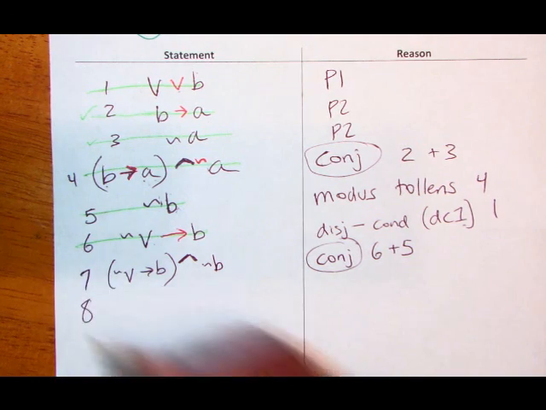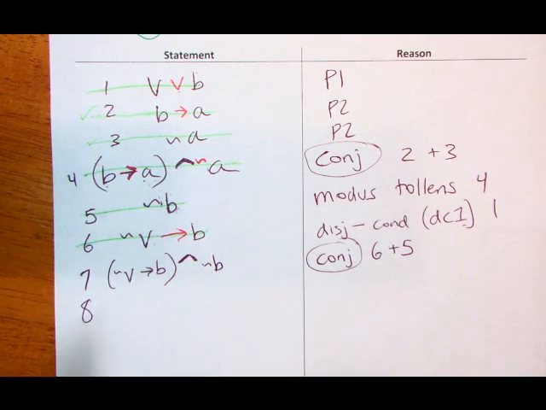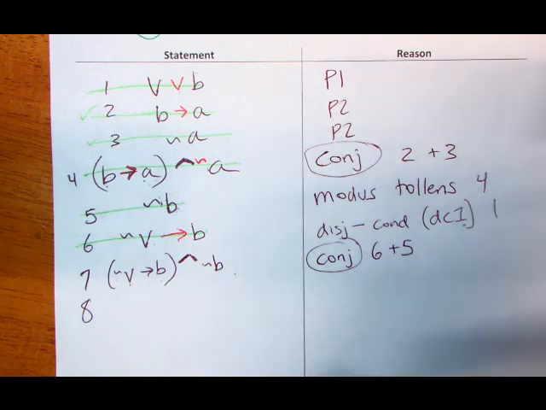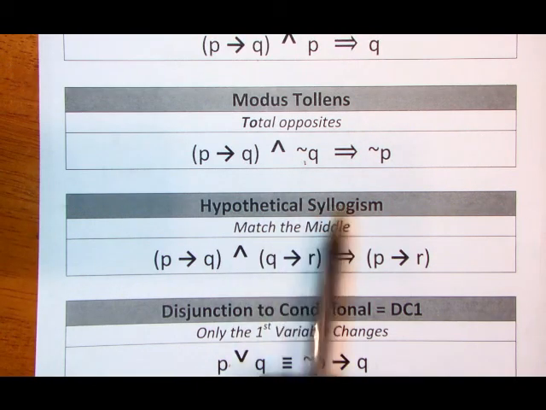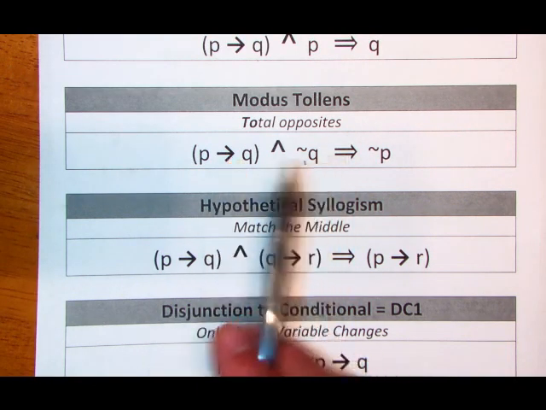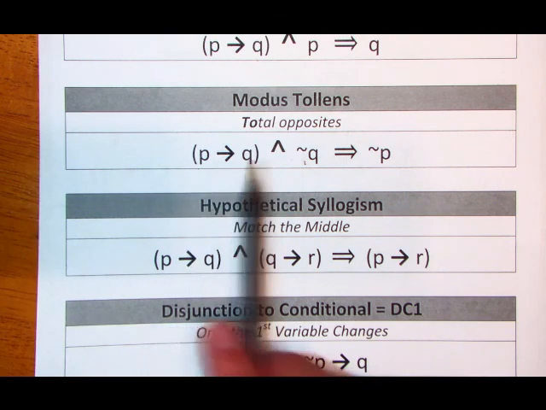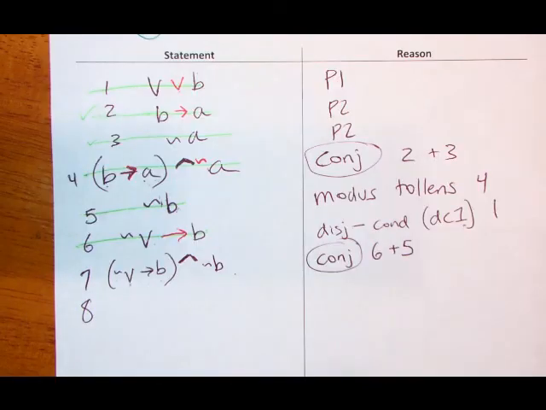Now we want to see what the outcome of this might be. Well, we see not V, then B, then not B. Again, you may recognize this as modus tollens because things are going to be total opposites and switch places. Not only are they switched, but they're also negated.